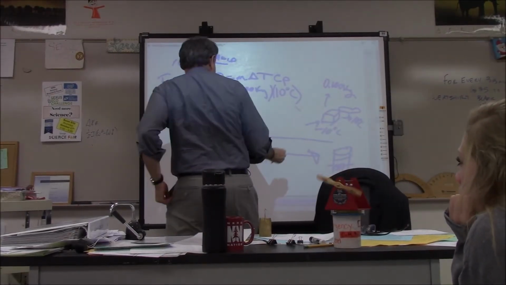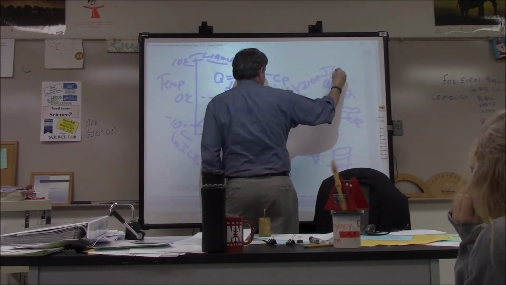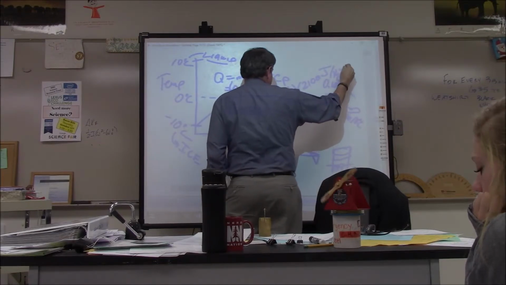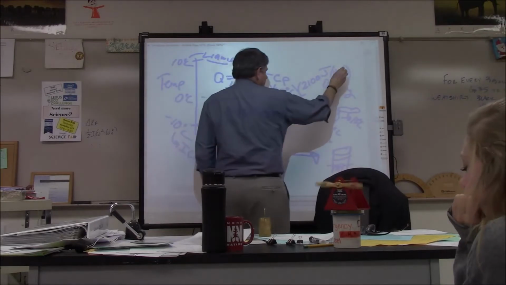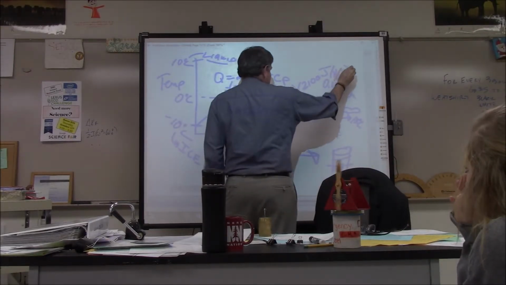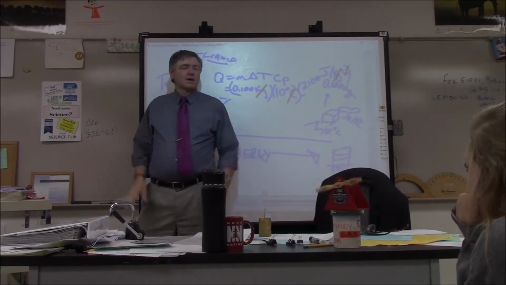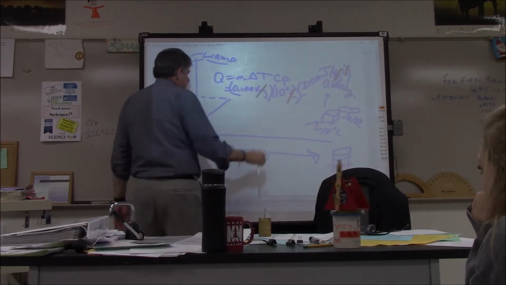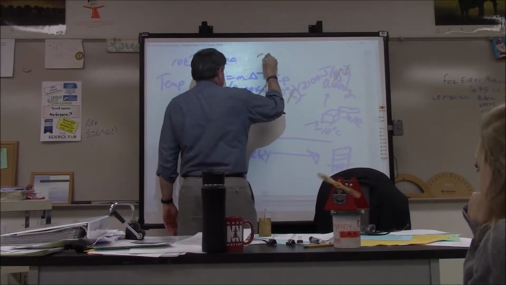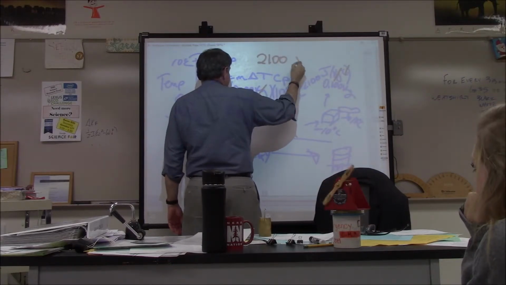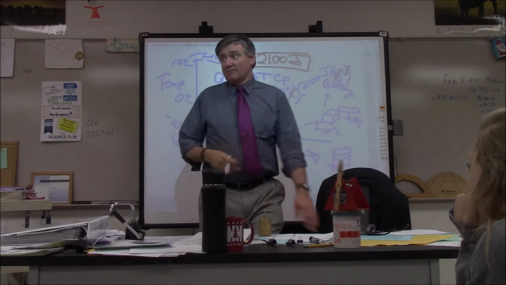The kilograms cancel out, the degrees Celsius cancel out, I'm left with joules. Life is good, right? If I do a little bit of mental math, 0.1 times 10 is 1, times 2100, I should get 2100 joules of energy.